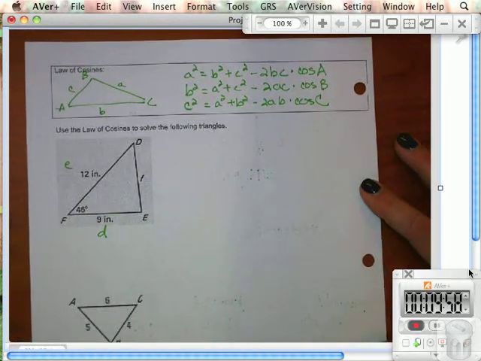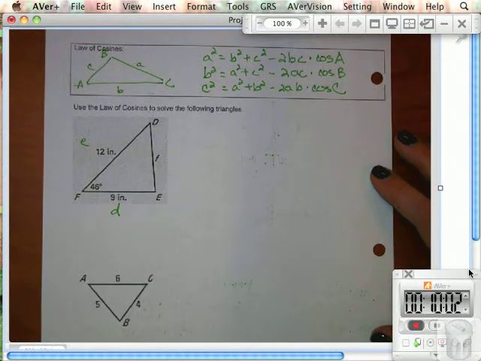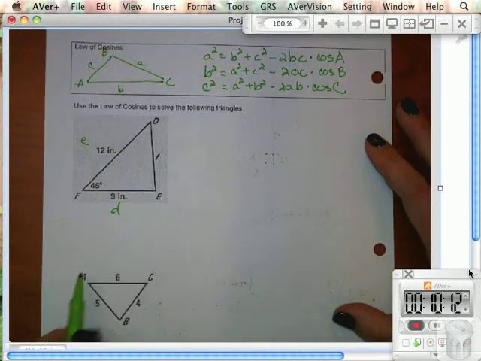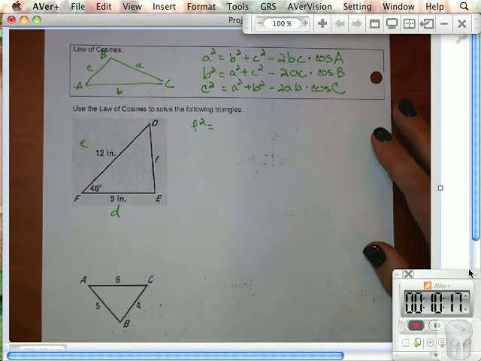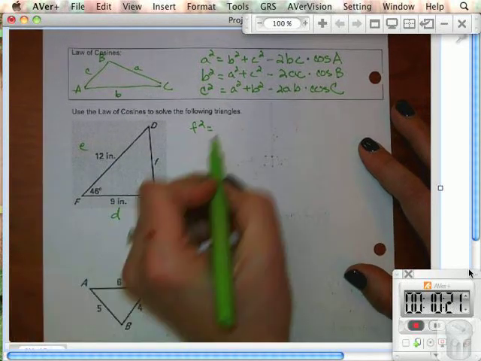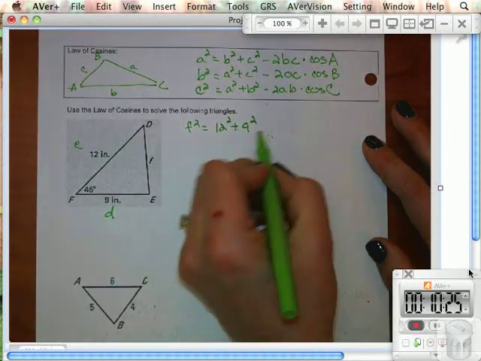That's for area, not to find any unknown stuff though, other than that, right? So we're going to use law of cosines to find f. So I have f squared here, right? Okay, that's going to equal the other two sides squared. It doesn't matter what order you put them in. Minus 2 times what?